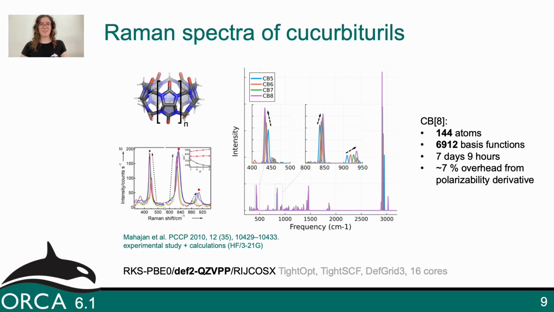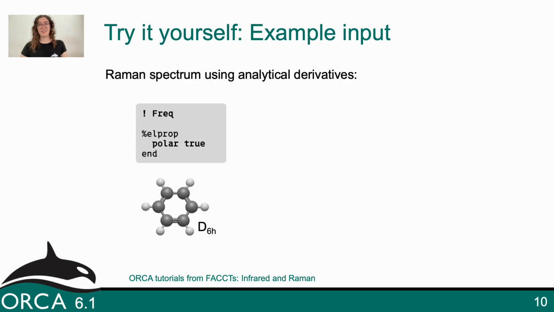So now it's time for you to go and pick your big molecule to throw into this program. And if you want to do that, I have picked here a nice example input. This is actually from the ORCA tutorials on the FACCTs website, the infrared and Raman, this benzene example.